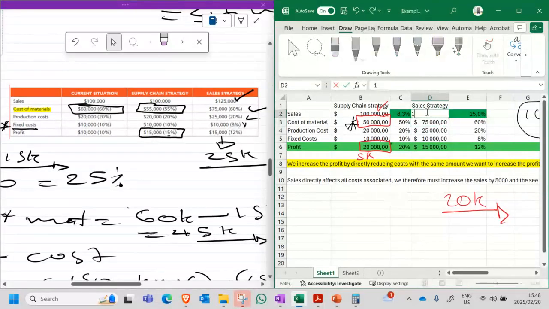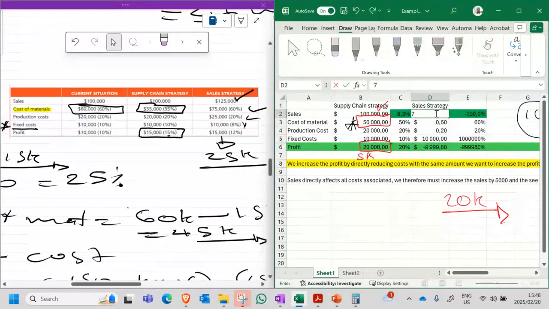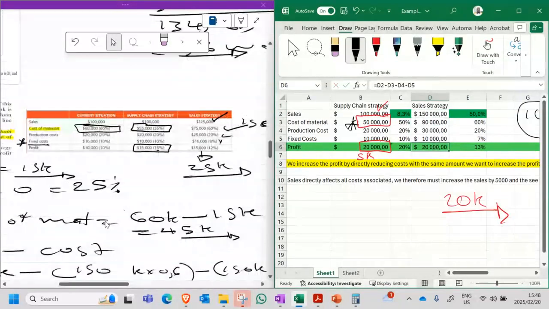Now we're going to 150,000. We're only changing the sales. Everything else automatically will change. 150,000. You see now, this one goes to 90 and 30, and then this one shrinks. When we are at 150,000, our profit is actually 20,000, which is not equal to, I believe we had that calculation here at first.